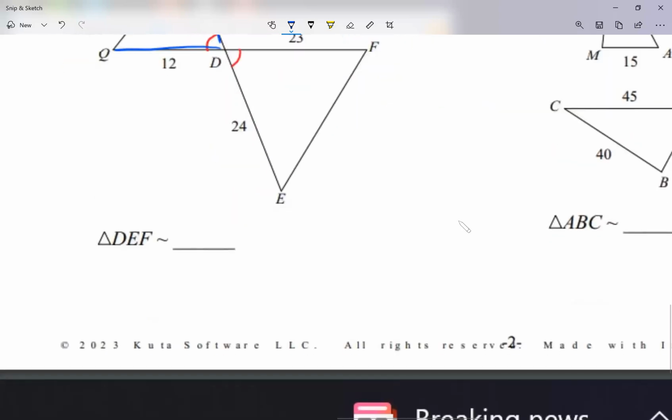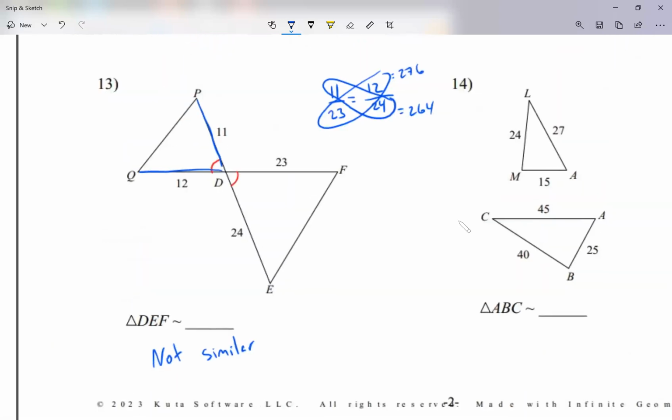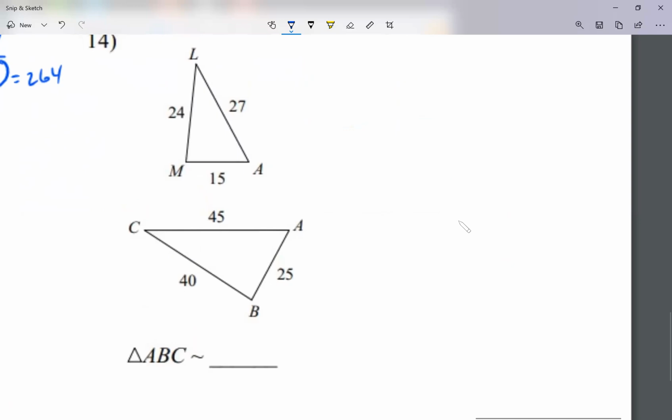Therefore, I'm just going to say these are not similar. These sides are not proportional, so I'm not going to complete DEF is similar to, because no, it's not similar.